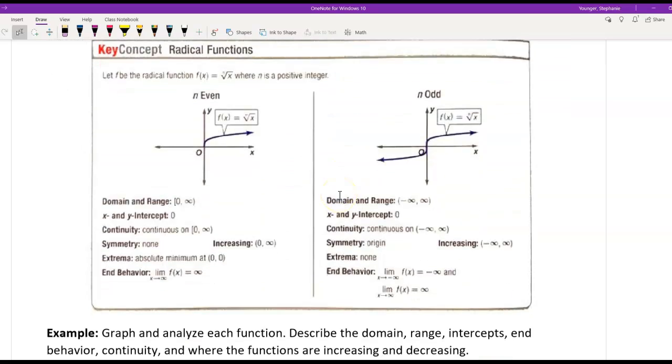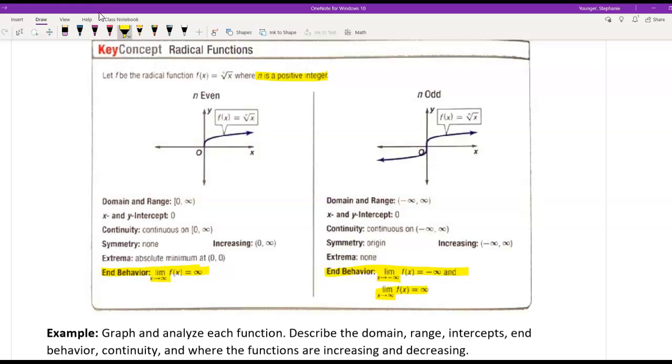So once again, let's take a look. If I have an n that is even, it is going to have that square root shape. But if n is odd, it's going to have the cube root shape. Imagine that, cube being odd. And take a look at our end behaviors. For an even n, the limit of f of x as x approaches infinity is infinity, but for an odd n, we have end behavior in both directions.